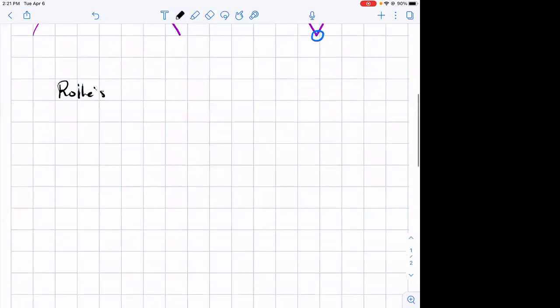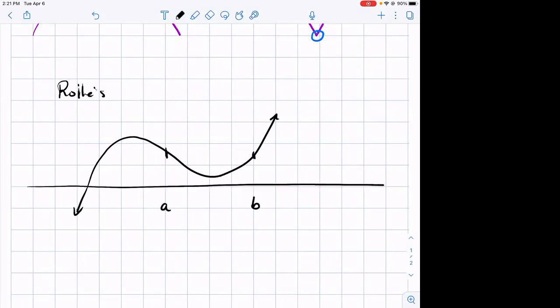it's saying that if you have a function, so let's have some function here, and it's in a closed interval. So let's look at this interval here, AB. So here's a closed interval AB, okay?